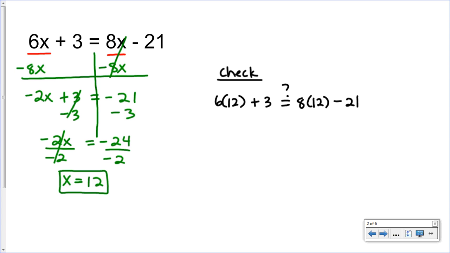So I'm going to do 6 parentheses 12 plus 3 in the calculator. So I get 75. And I need to see if that equals 75 over here. 8 times 12 minus 21 does equal 75. So my answer is correct.